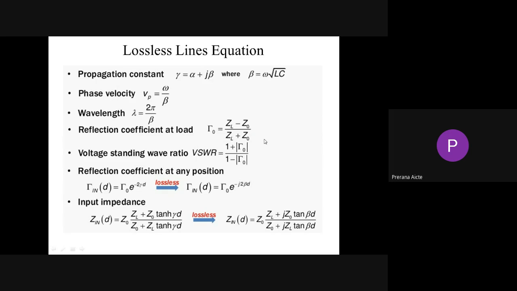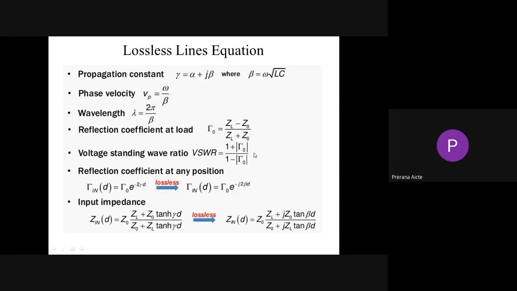Next, from this reflection coefficient, the voltage standing wave ratio VSWR is equal to 1 plus delta naught divided by 1 minus delta naught, where delta naught is the reflection coefficient, which lies between 0 and 1. Suppose the reflection coefficient is equal to 0, so what about this VSWR? 1 plus 0 divided by 1 minus 0 is equal to 1, the lower limit.